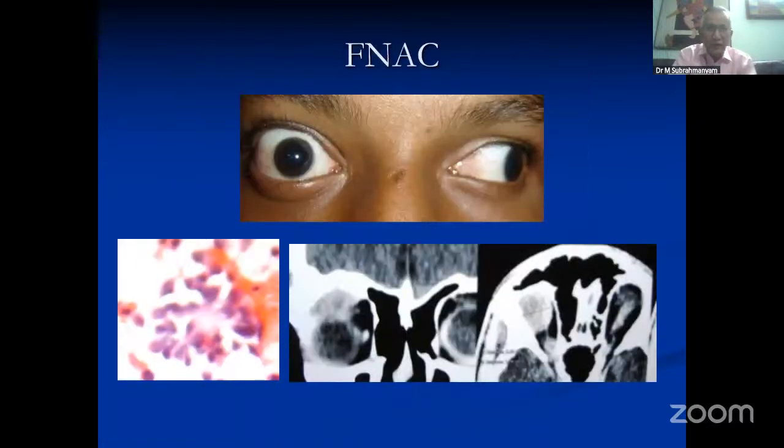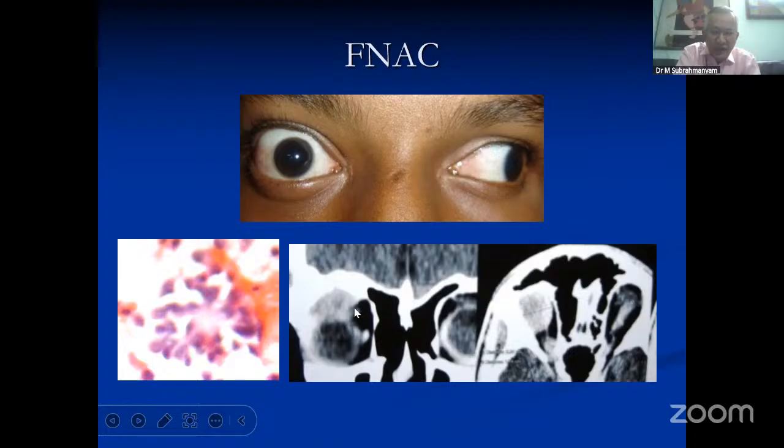FNAC. When do you do FNAC? You do FNAC when you are suspecting especially a metastatic lesion. Then normally we look at a fine needle aspiration cytology. So this young male presented with proptosis of the right eye with motility restriction of very short duration, no other symptom, and the CT scan shows a mass in the superior space with irregular consistency and erosion of the bones, which is suggestive of metastasis.